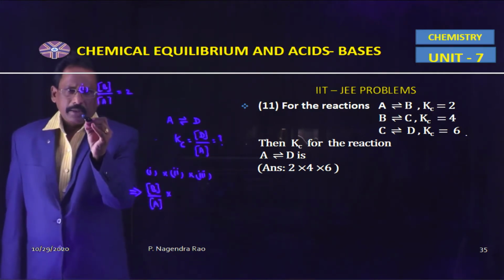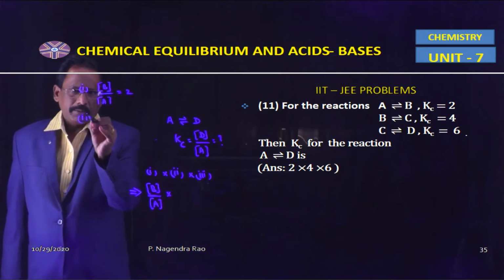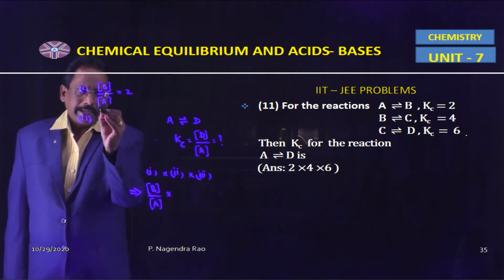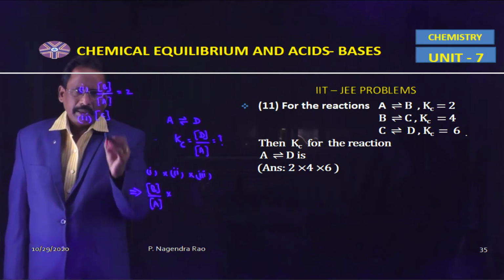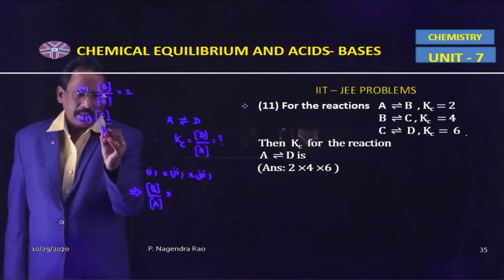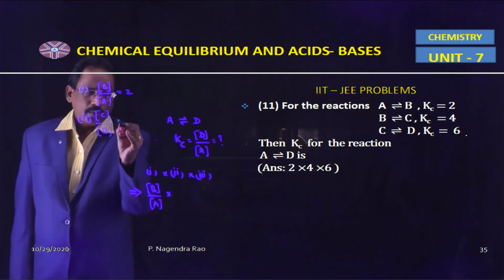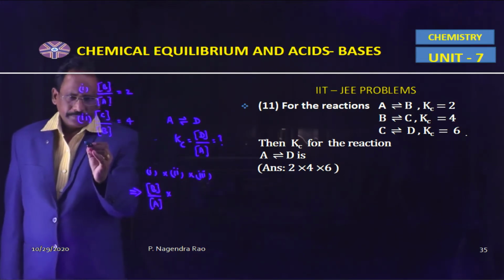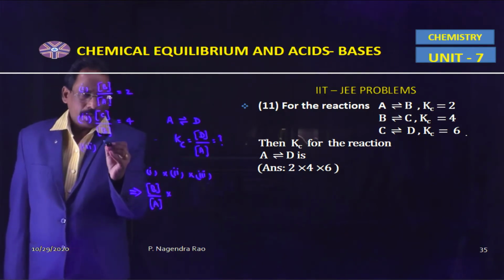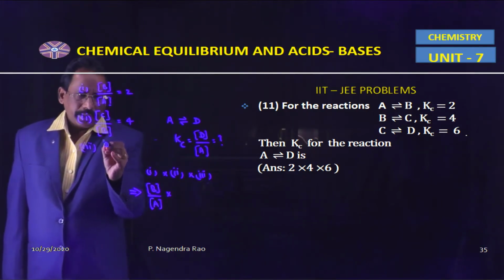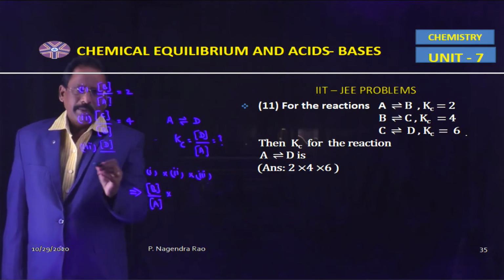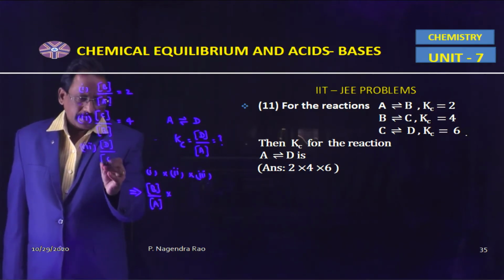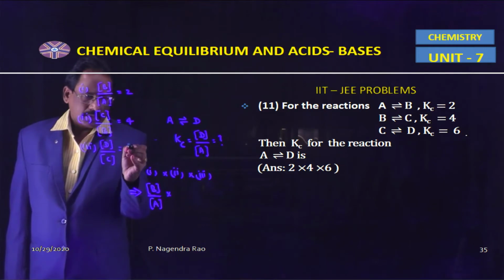In the second dynamic equilibrium, active mass of C divided by active mass of B is equal to 4. For the third dynamic equilibrium, active mass of D divided by active mass of C is equal to 6.